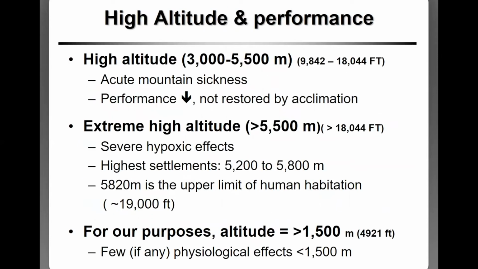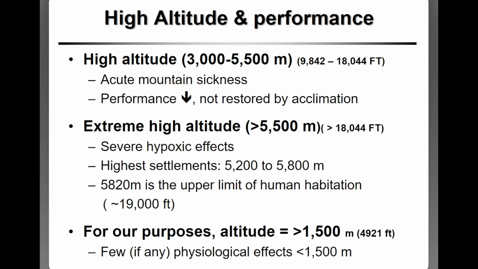So high altitude is defined as 3,000 to 5,500 meters, and this is when acute mountain sickness can occur. There's a definite decline in performance, and this decline is not often restored by acclimation. Extreme high altitude is anything greater than 5,500 meters, and at this altitude is where we see severe hypoxic effects.